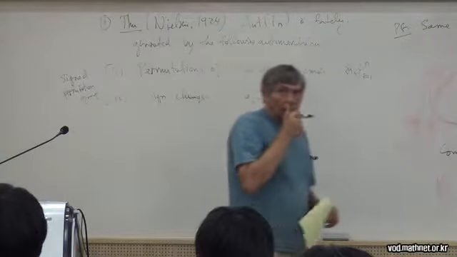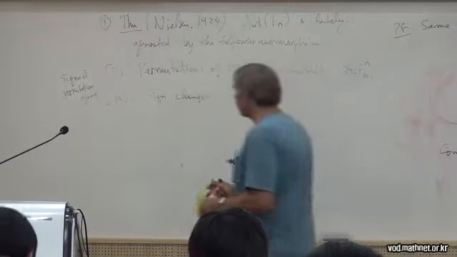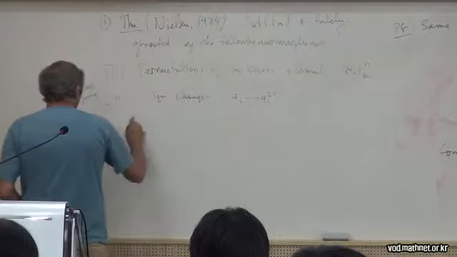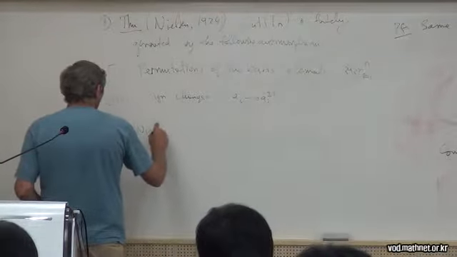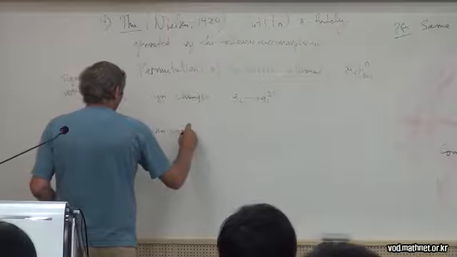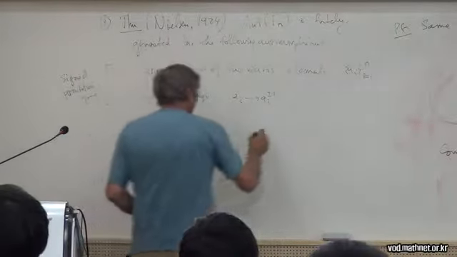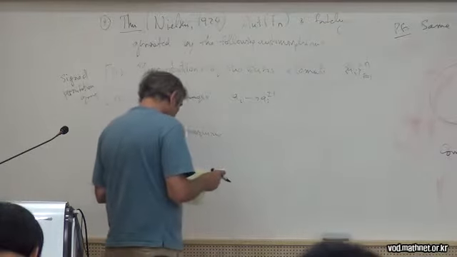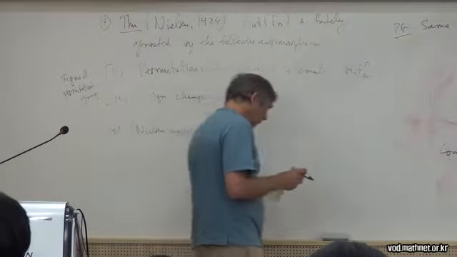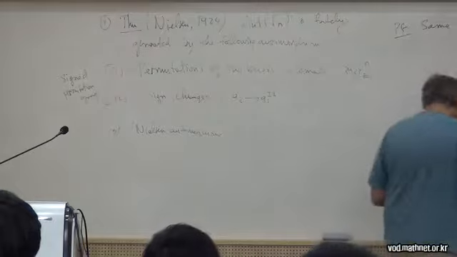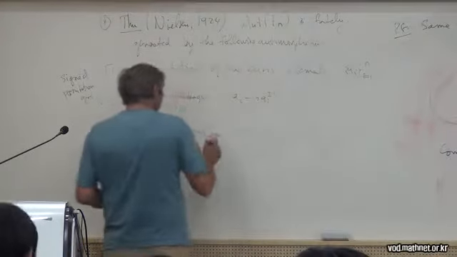Okay. And then there are automorphisms. So these are called Nielsen automorphisms. Well, I'll just give you one of them. One of them suffices.